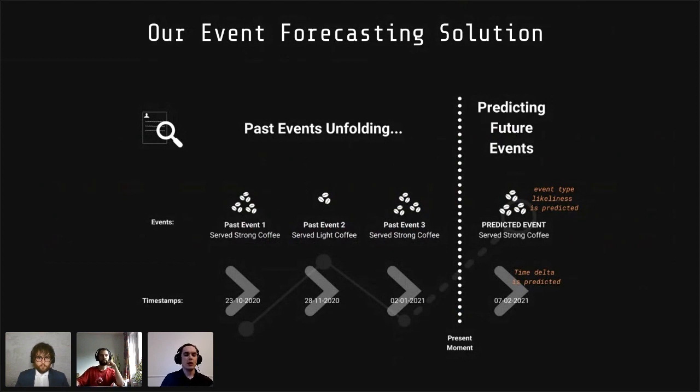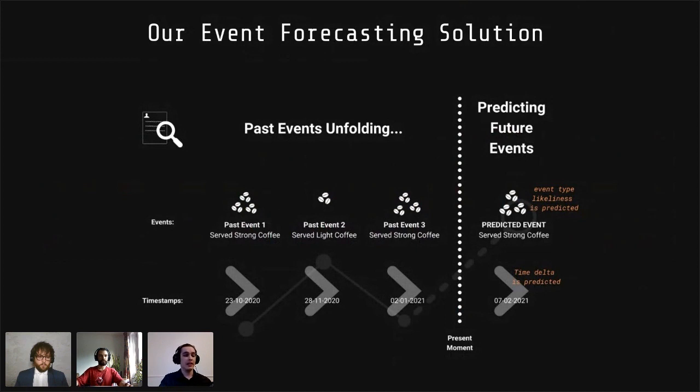And we want to predict two things. For every possible action in the future, whether it could be serving light coffee, strong coffee, medium coffee, or something else, for all of these actions that would be possible, which one would happen? And for every one of these actions, what is the probability of this action happening in the future? What is the likeliness of this happening?